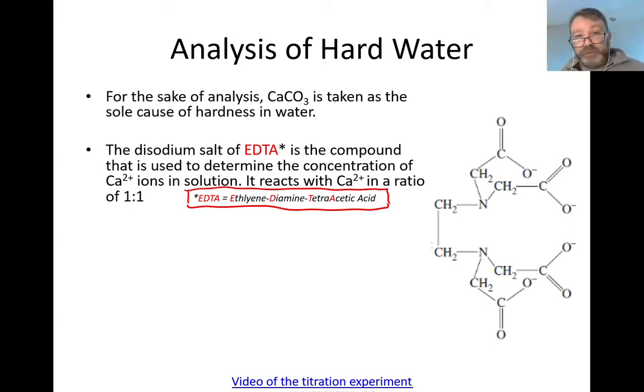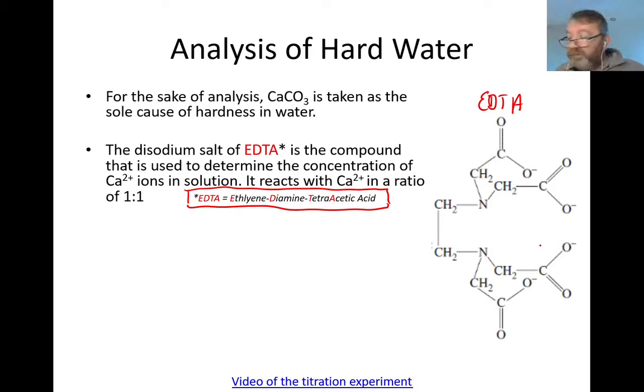You wait for a colour change, and when you get a colour change, you take the reading from the burette and you do the calculations in the normal fashion. So it's a regular titration. There's your EDTA complex. There's the molecule of EDTA. Now, here's what I want you to notice. Do you see these two oxygens here? The two O minuses? They're like a pair of pincers.